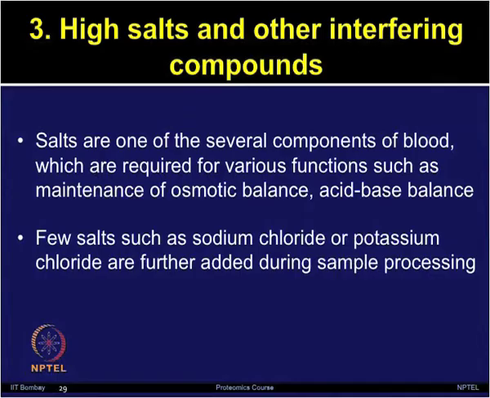During this whole sample manipulation, due to the intrinsic salt present in the blood as well as extrinsic salt added during the sample processing, the overall salt component becomes very high, and that creates problems for various types of proteomic applications. So, high salt and interfering compounds should be removed.